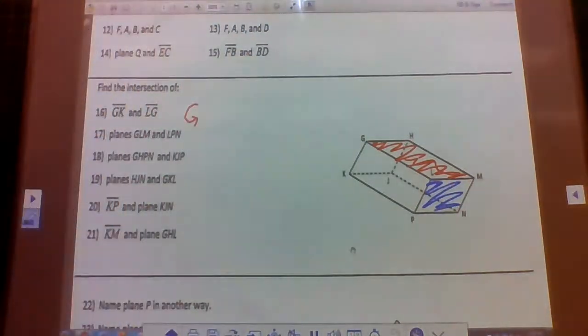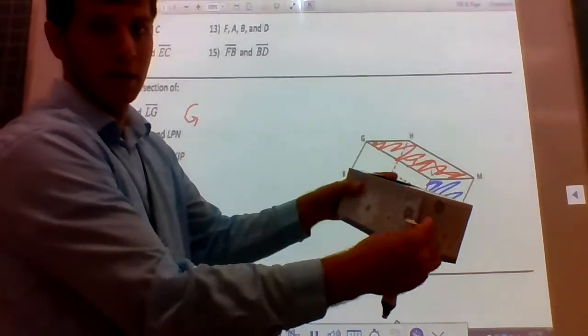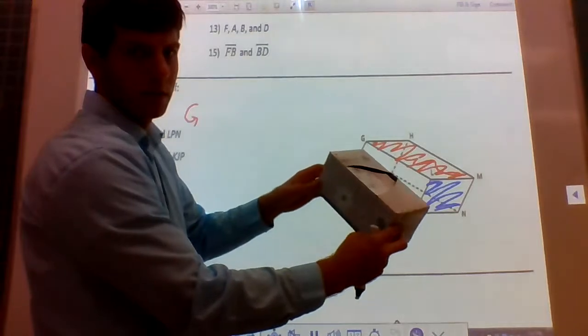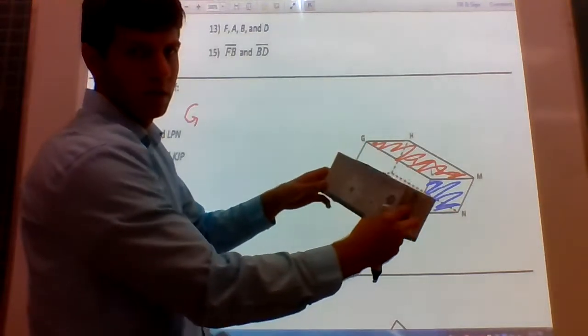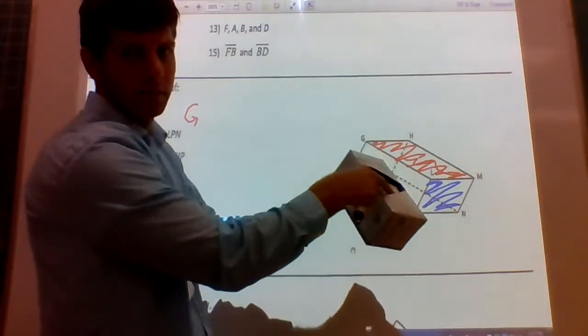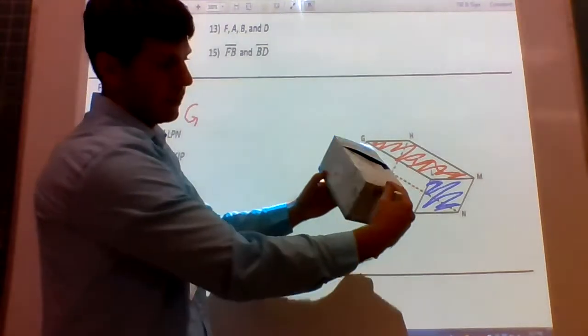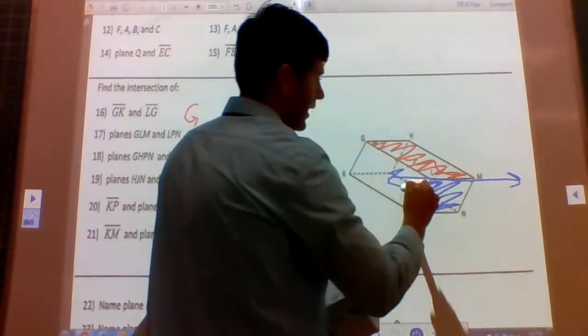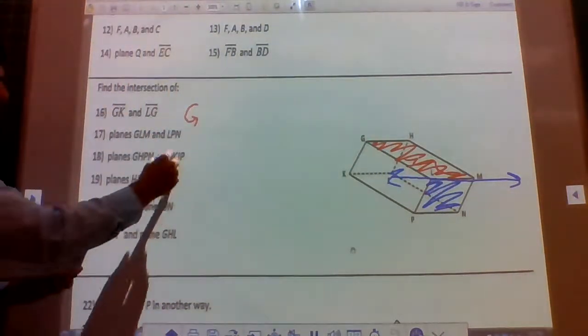So we have two planes there, the top and the front, and where do they meet? They meet right here. So that's going to be line LL.